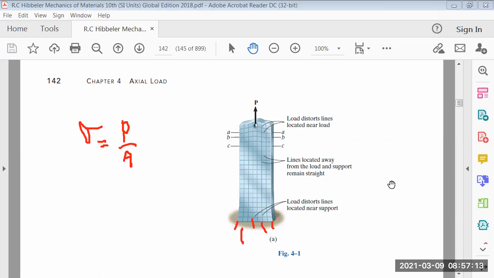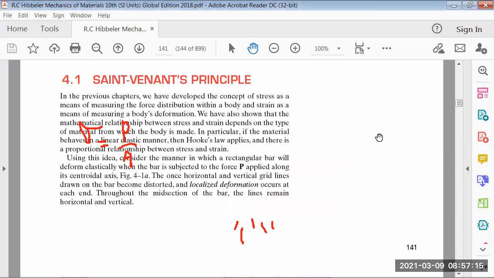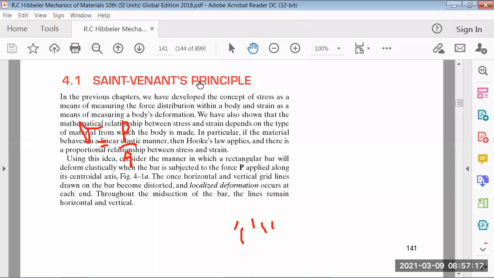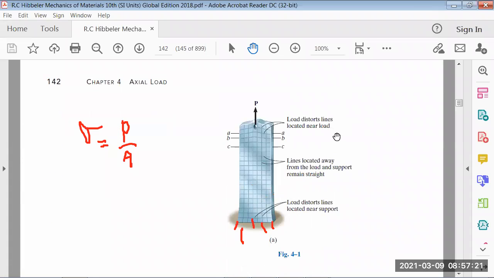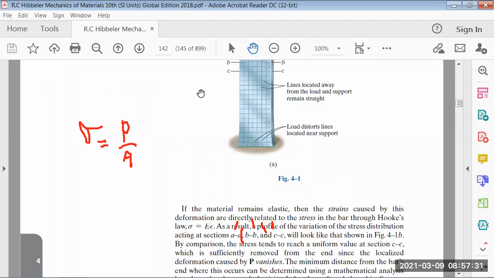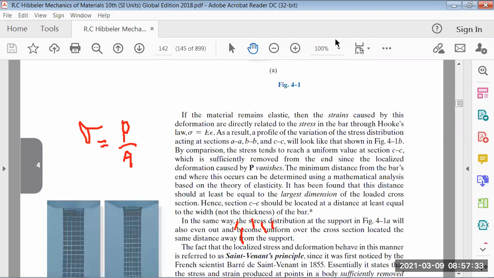If we look at Saint-Venant's principle, what it says is that we assume the stress is uniformly distributed along the cross section. What is meant by uniformly distributed?